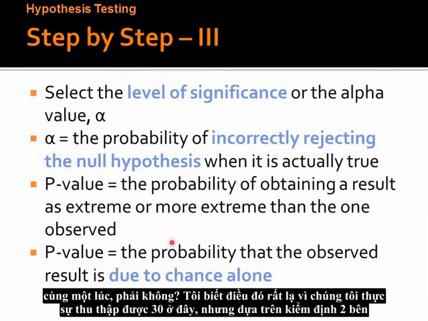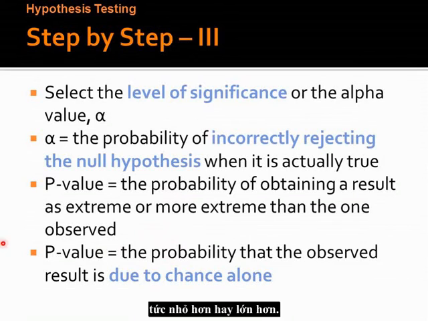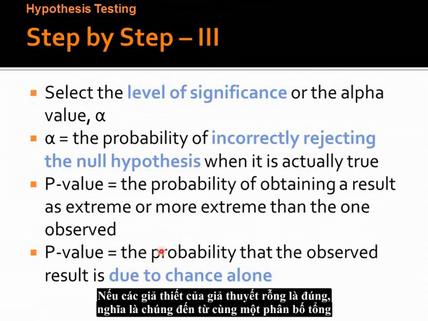I know it's very strange since you actually collected 30 here, but based on two tails, what we are trying to question is what's the probability of you collecting this particular value or something even more extreme, whether it was less or whether it was more. Alright? If the assumptions of the null hypothesis were true, meaning that they come from the same population distribution.